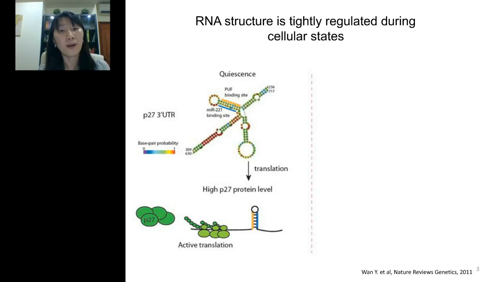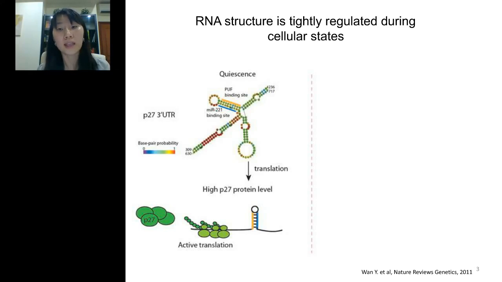An example of how RNA structure can be important for cellular biology is shown in the P27 mRNA, whereby the 3' UTR of P27 folds into a secondary structure. During senescence and quiescence conditions, a microRNA binding site is occluded, and hence the cell remains in quiescence.